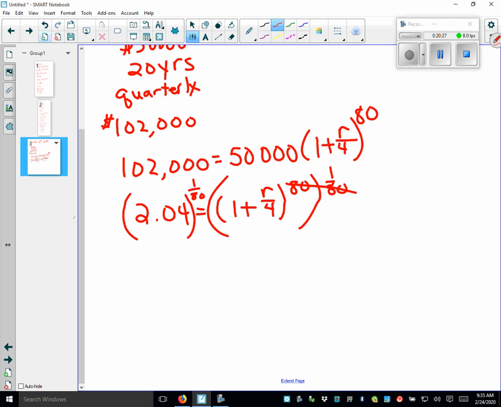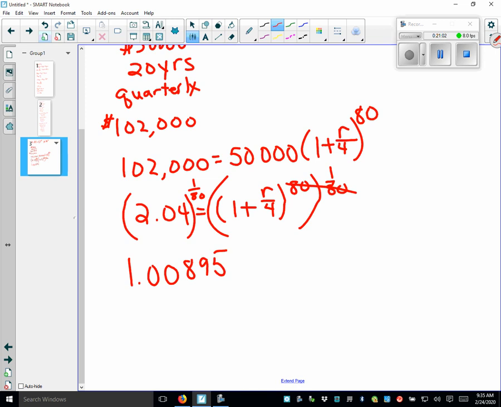So what is 2.04 to the 1/80? You all are going to have to carry some long decimals out, I'm afraid. 1.00895.